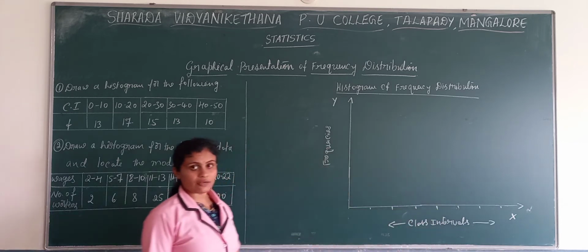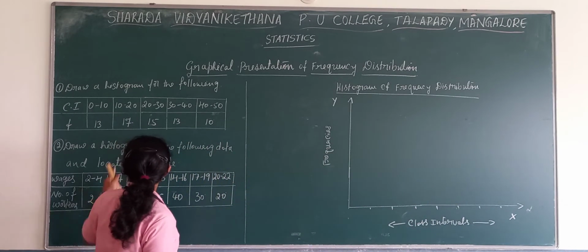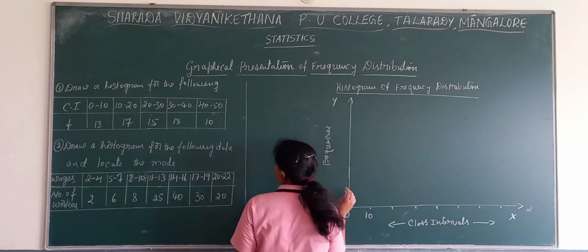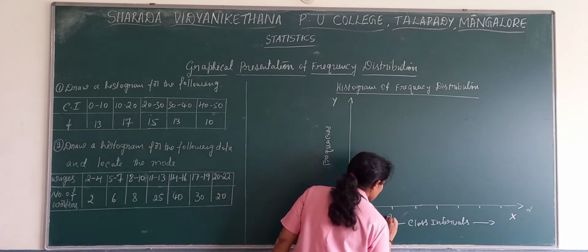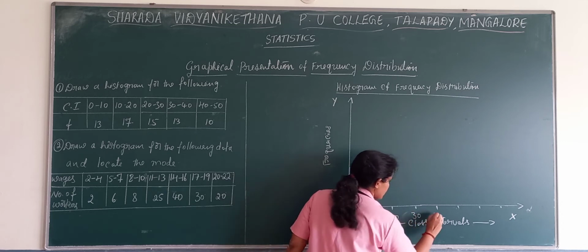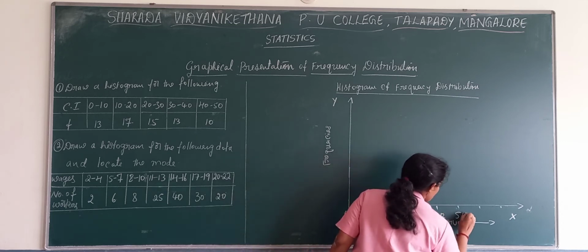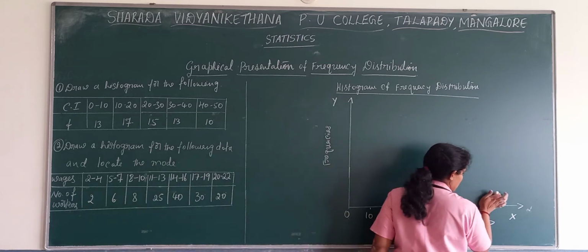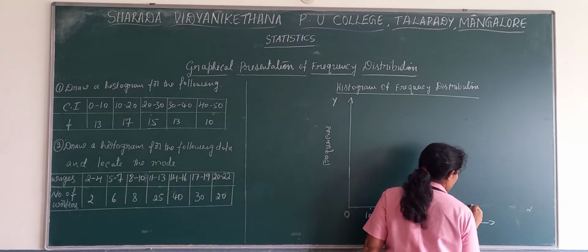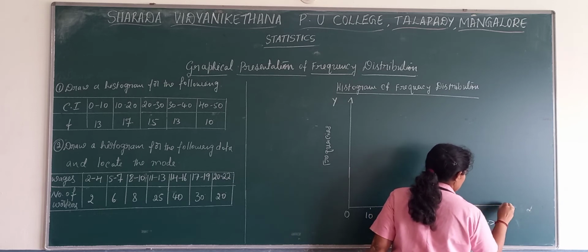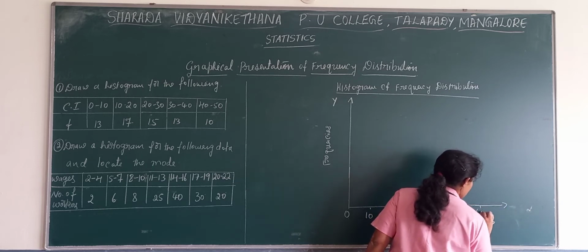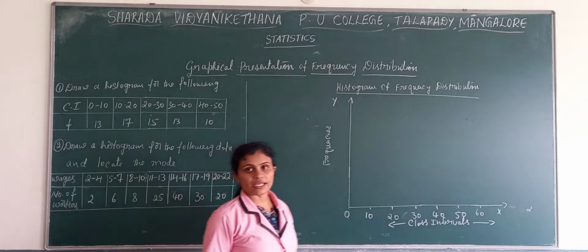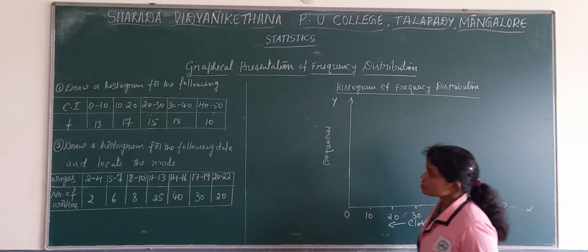So you have to take a 1 centimeter scale there and write the class intervals: 0, 10, 20, 30, 40, 50. Till 50, with one extra bit on the axis. Now along the y-axis, which is the highest number?